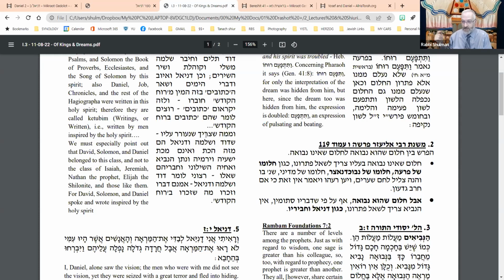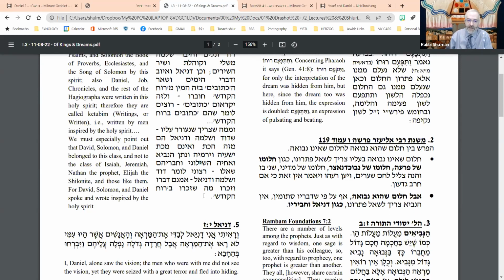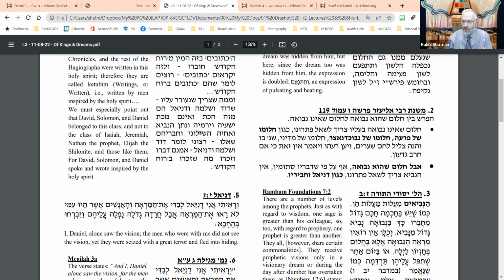So Yechezkel starts as a prophet in Israel, he goes to Bavel. Daniel, essentially born and bred in Bavel, can never attain a status of Nevuah, and therefore David, Shlomo, Daniel, they are of this group. They're not of the same status as Yeshayahu and Yirmiyahu and Natan and Achiyah Shiloni and Eliyahu and others, right? But they are in this context of having been works that have been written in Ruach HaKodesh.